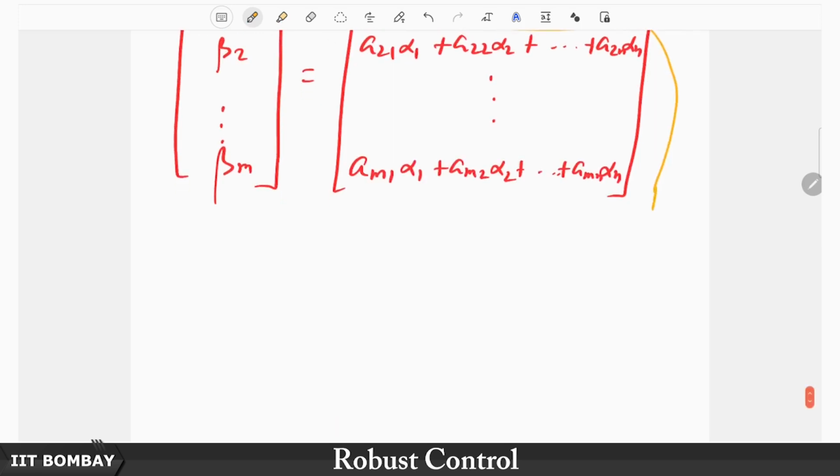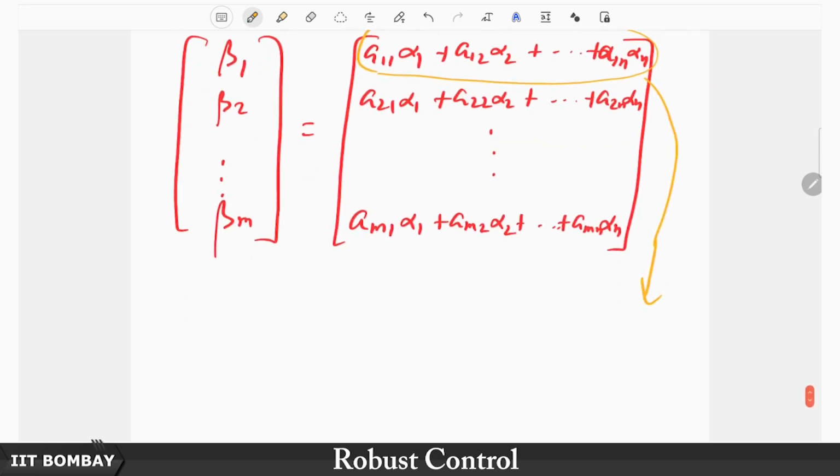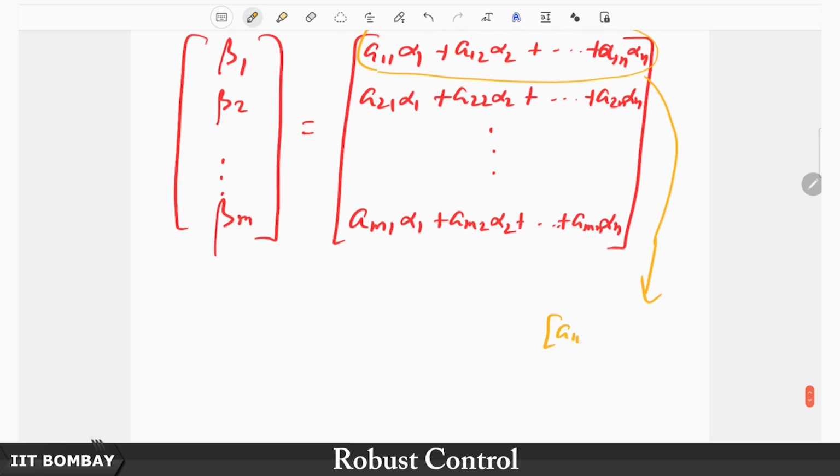This, as a side note, I put it to you, can be written as a row vector [a11, a12, ..., a1n] times the column vector [alpha 1, alpha 2, ..., alpha n].